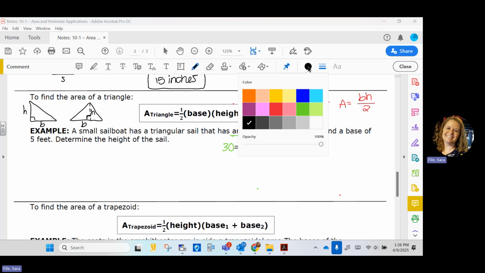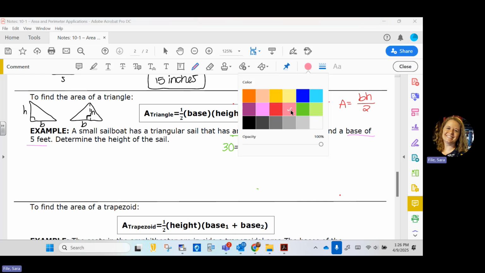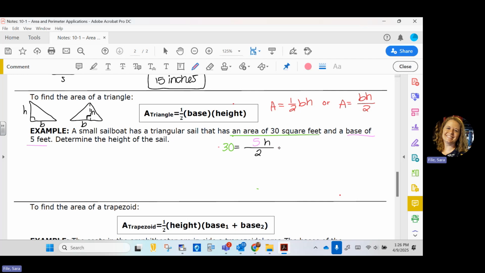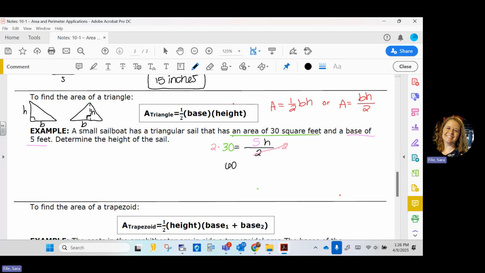And then it tells us our base is 5 feet. So that goes in for the B. So 30 equals 5H over 2. So the first thing I'm going to do is get rid of the divided by 2 by multiplying both sides by 2. So then I end up with 60 equals 5H.